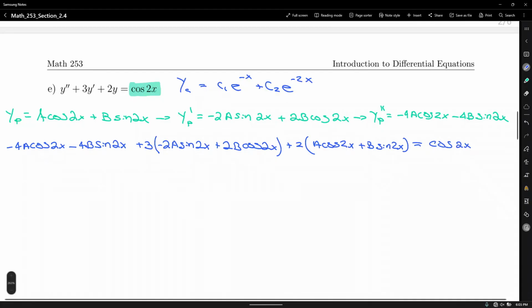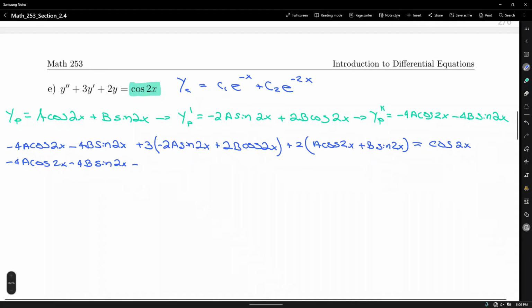Okay, let's simplify all this. So if there's nothing for the first two, just copy them. Negative 4a cosine 2x minus 4b sine 2x. Okay, careful here with signs and the distribution and the coefficients.